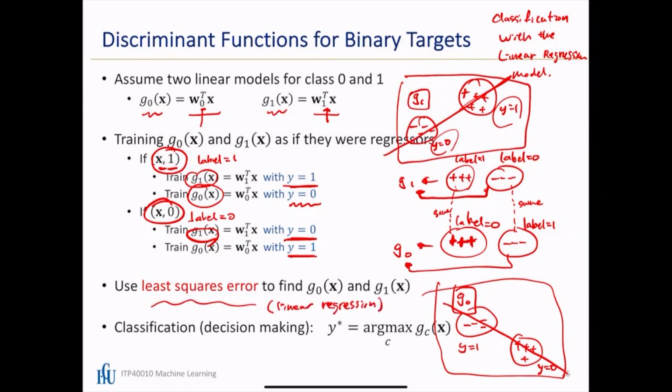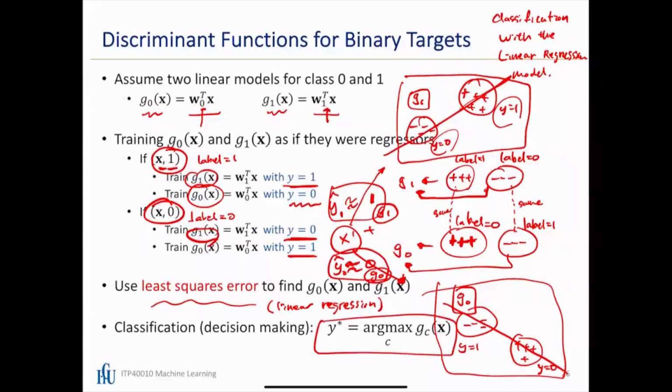At the end of the day, if you have a new data point falling into the positive class, it will return some value close to 1 from G1. But the same instance results in some value close to 0 from G0, because that's the way we trained the model. By exploiting this property, we could build a classifier like this.